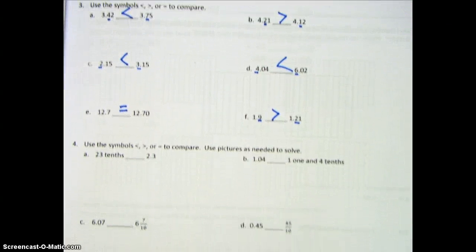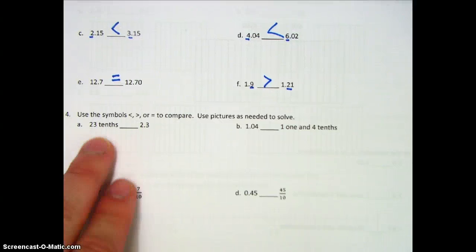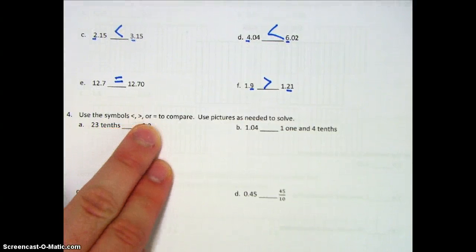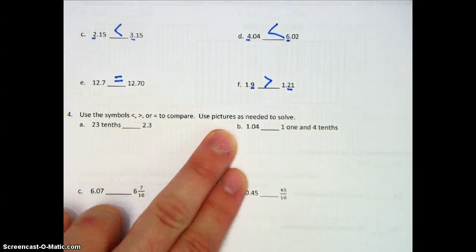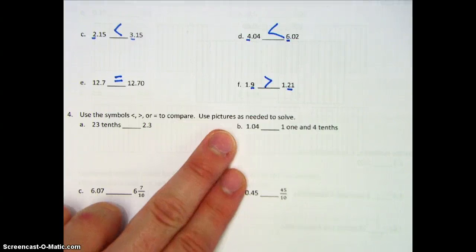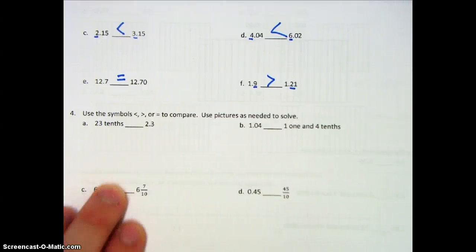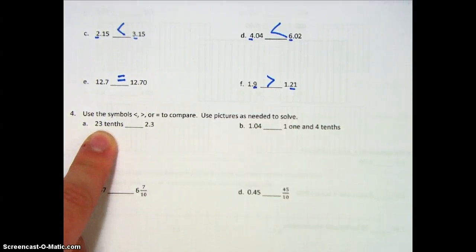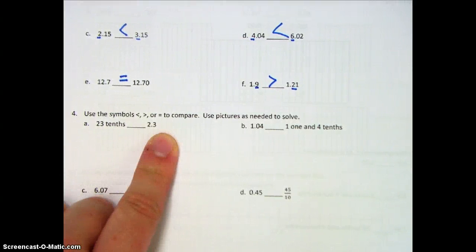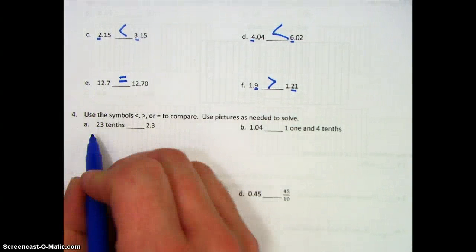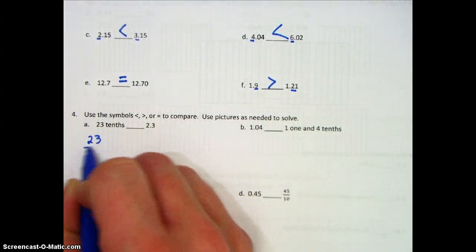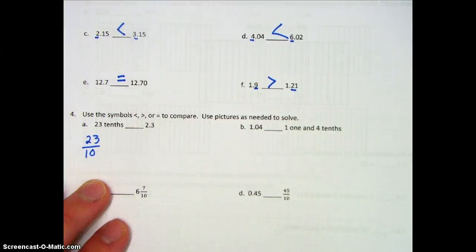Moving on to number 4, you can see that we're going to use, again, less than, greater than, or equal to compare, but this time we need to use pictures as needed to solve. So we have to do a little demonstrating of why we know that's their answer. Okay, so now we have 23/10, and we have 2 and 3/10. Well, for me, what I'm going to do is I'm going to do 23/10 as a fraction.